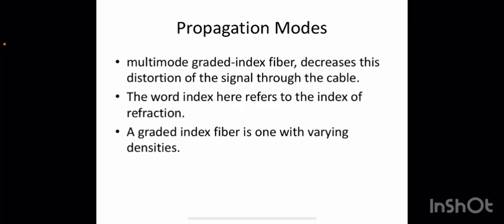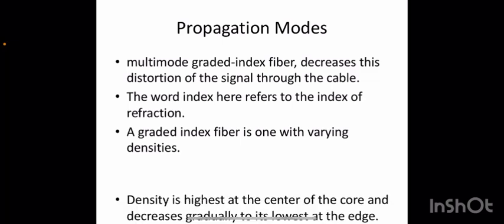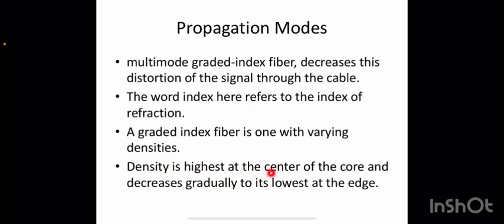A graded index fiber is one with varying density. The density of the glass in the inner core is not the same at the center and at the edge; it varies throughout the construction. Density is highest at the center of the core and decreases gradually to its lowest at the edge. So the light direction will also change according to the densities.